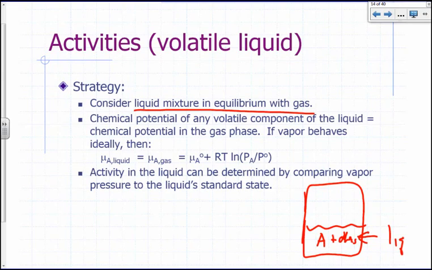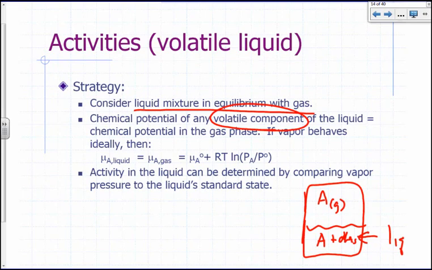Then you have A in equilibrium with the gas, so in the vapor phase, you have an enclosed container. You have A in a liquid in equilibrium with the gas. Now, the chemical potential of any volatile component of the liquid, so A in this case would be an example of what you would call a volatile component.